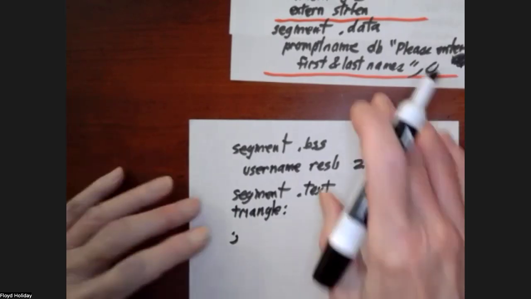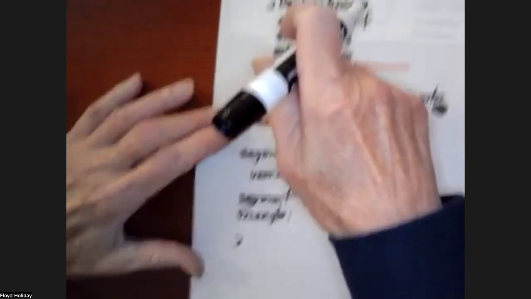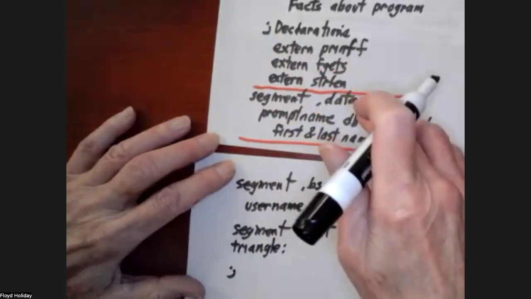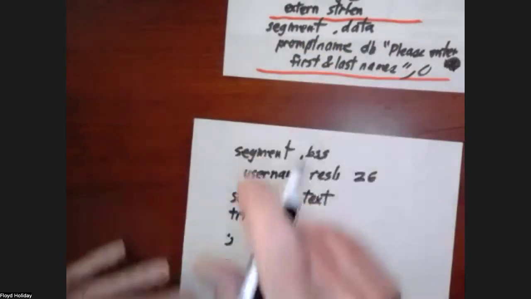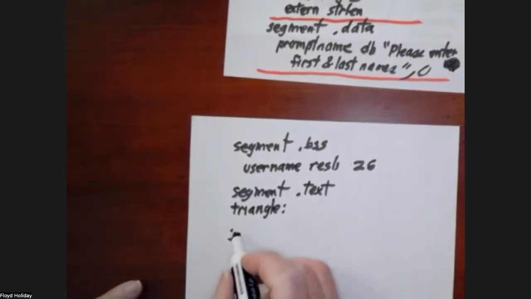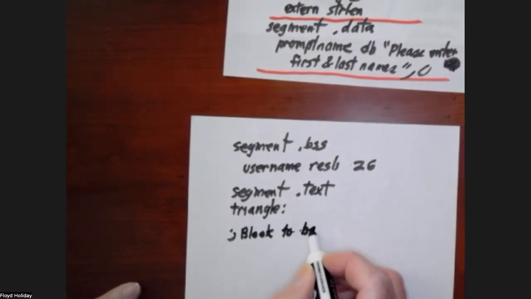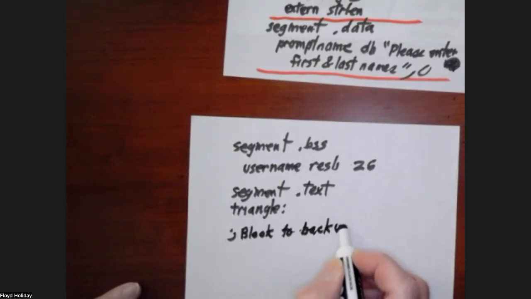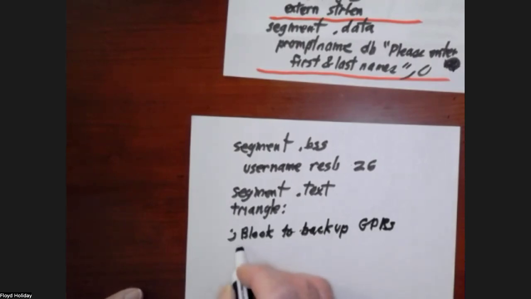They're the same thing. You can actually replace the word segment with the word section, and it assembles. Okay, those are predefined, but blocks, we create them. Block to backup GPRs.